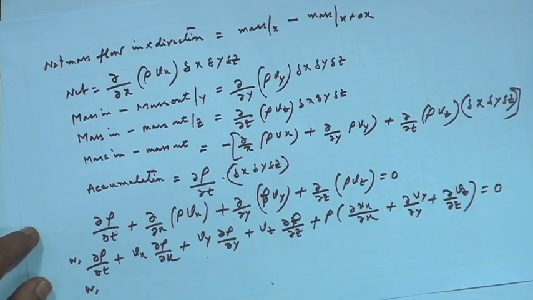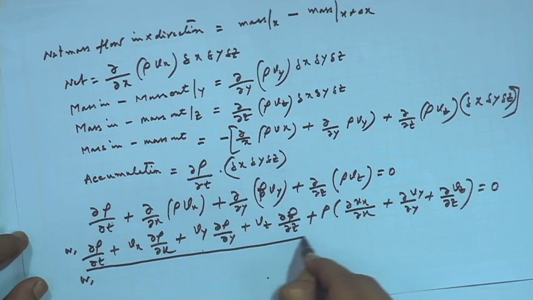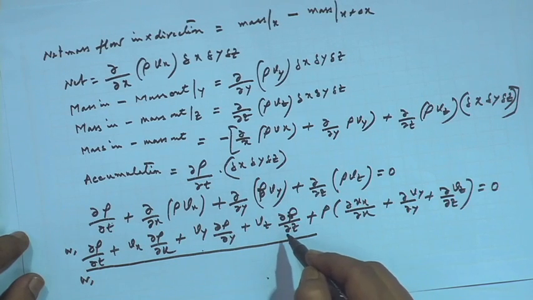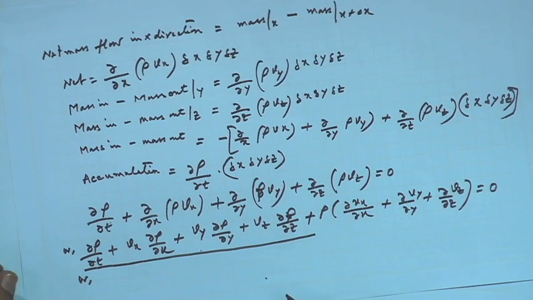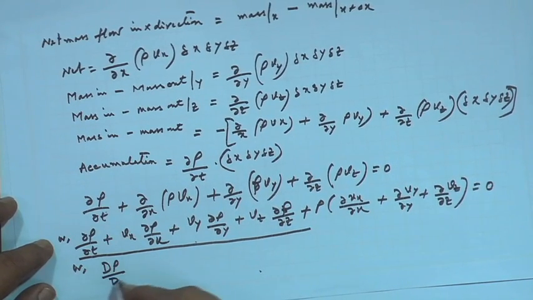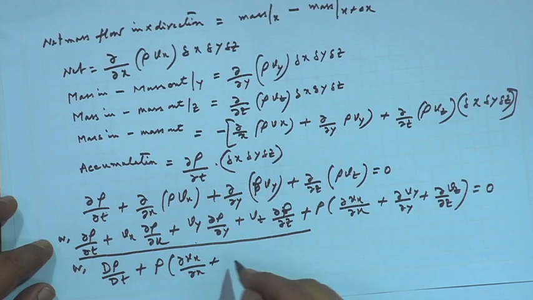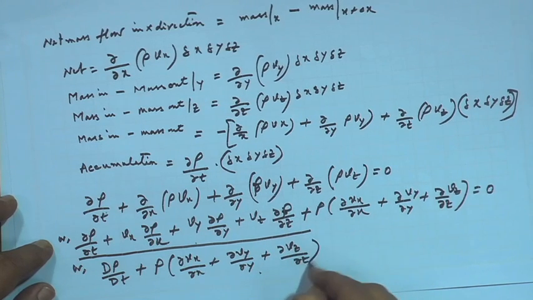If we remember, in the morning we had said that ∂ρ/∂t plus Vx ∂ρ/∂x plus Vy ∂ρ/∂y plus Vz ∂ρ/∂z can be replaced by the operator capital D. So we can substitute here Dρ/Dt plus ρ times ∂Vx/∂x plus ∂Vy/∂y plus ∂Vz/∂z is equal to 0.